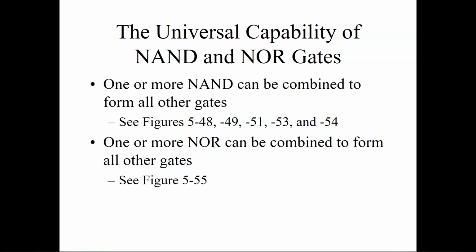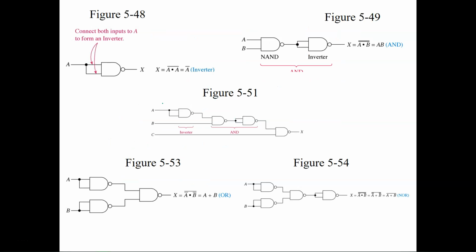In a NAND gate, I can do the same. I can cancel out the inversion by using another NAND gate. But you don't mix NAND and NOR and try and do the same. Does that make sense? Yes, no, maybe so? Yes, ma'am. Okay.